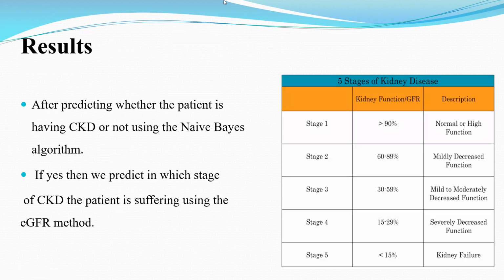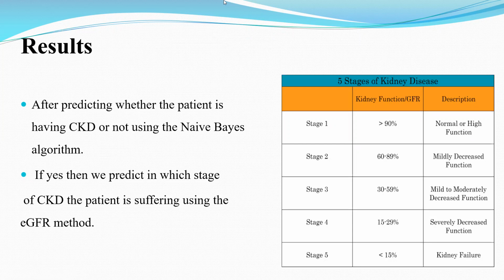And based on these stage values, we recommend the food for the patients. After predicting whether the patient is having CKD or not using the naive-Bayes algorithm, we then classify the patient into different stages using the GFR method.